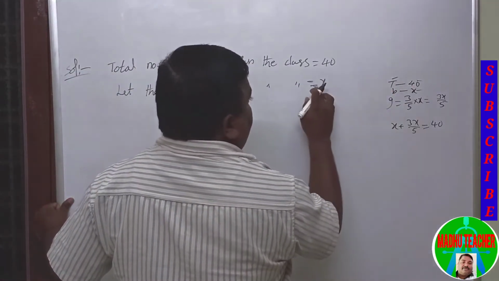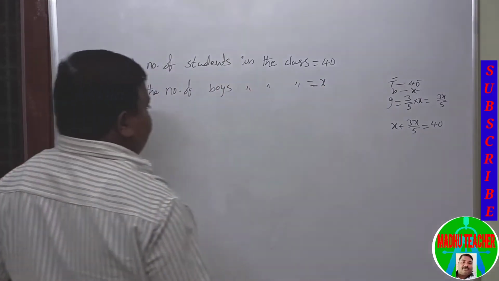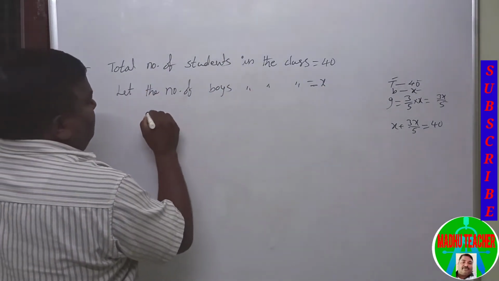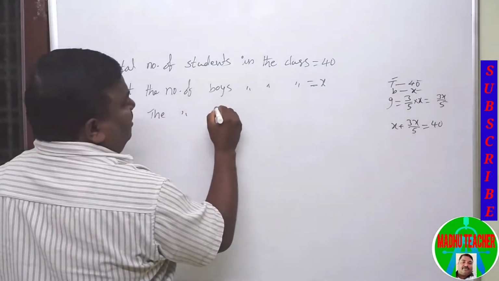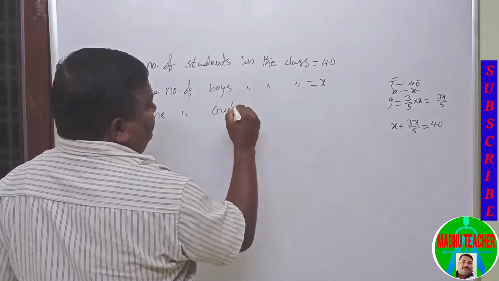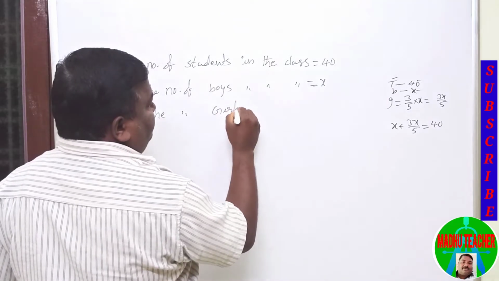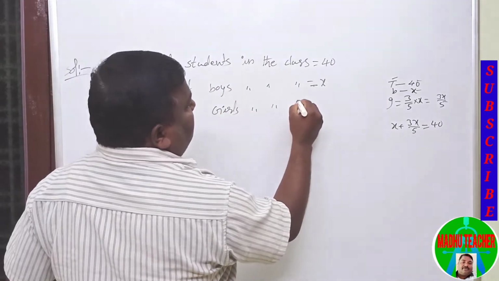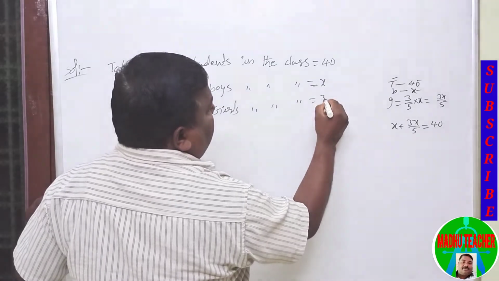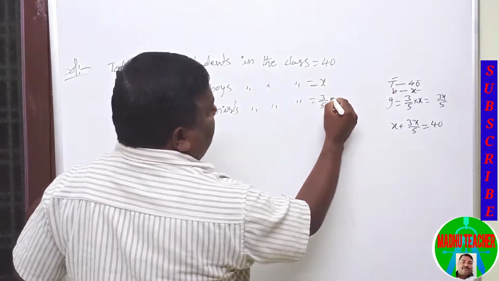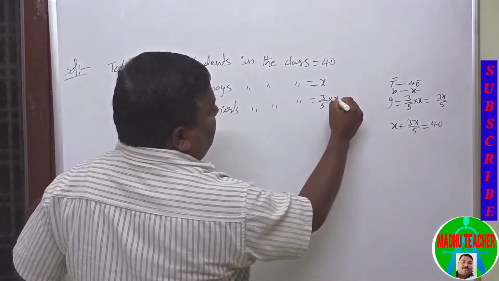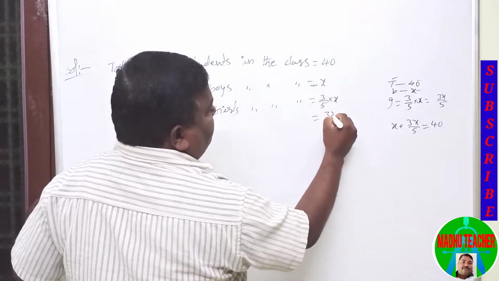You have taken boys as x. Therefore, the number of girls in the class is 3/5 of the number of boys, that equals 3x/5.